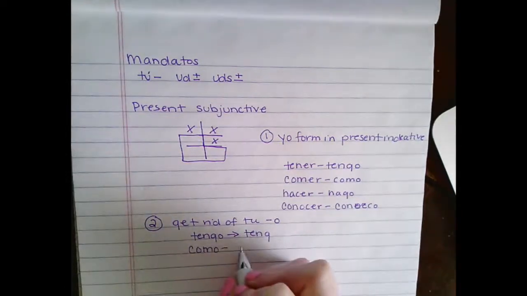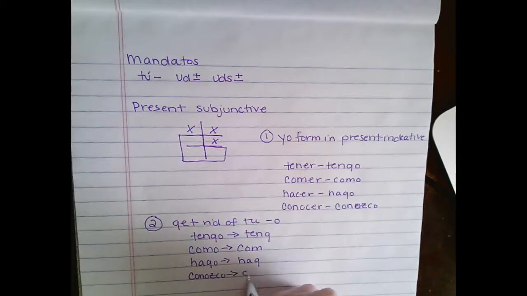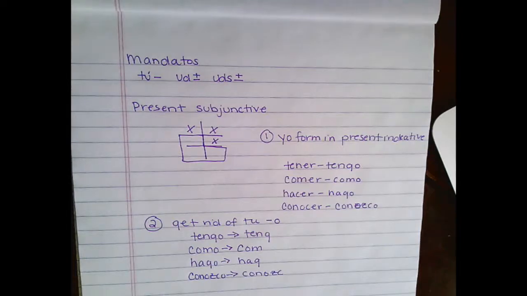Como would leave us the stem of com. Hago would leave us the stem of hag. And conozco would leave us the stem of conozc. Okay, so we've gotten rid of that o.